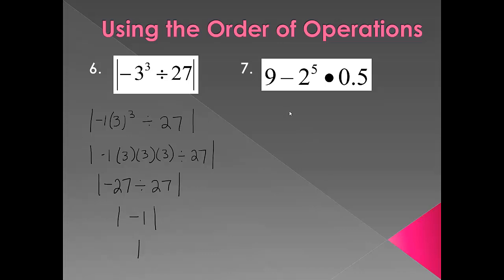And now for number 7, we have 9 minus 2 to the 5th power times 5/10. Our first step will be to do the exponent. So we're going to have 9 minus, and then notice that there's no parentheses, so this is just 2 to the 5th power. We don't worry about this minus sign, which could be a negative in front.